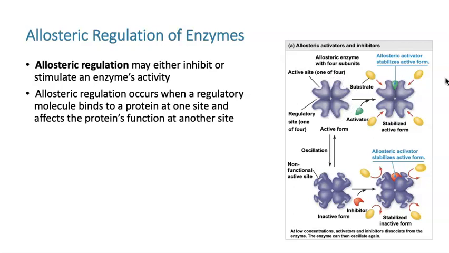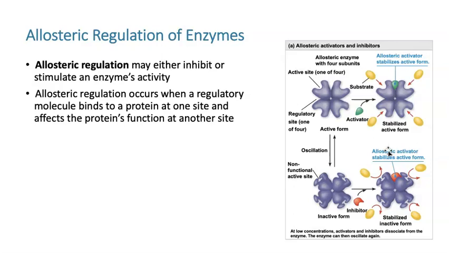So an allosteric activator, what that does is it stabilizes the enzyme in the active form. In other words, the enzyme's not going to do its job unless the activator goes into the regulatory site. Going into the regulatory site allows the substrates to then bind to the active site, and you go forward and you have your active enzyme.